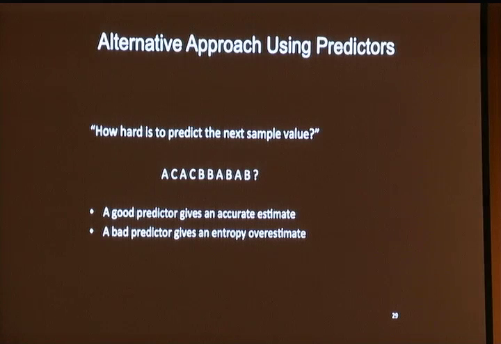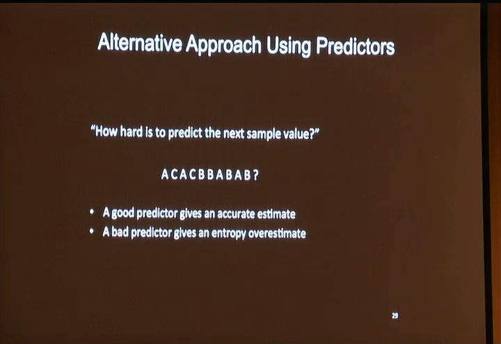Since we're interested in how hard it is to predict our cryptographic keys, we are thinking: okay, we observe these samples, A, B, C, B, A, B, A, B, A. How easy is it to predict the next sample value? So we wanted to estimate entropy based on such predictors.